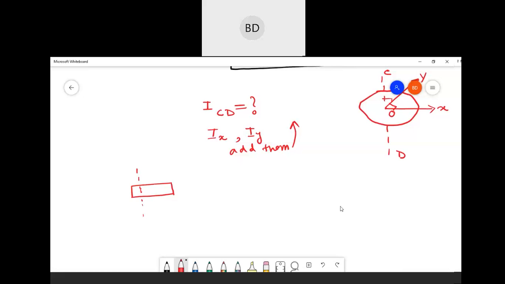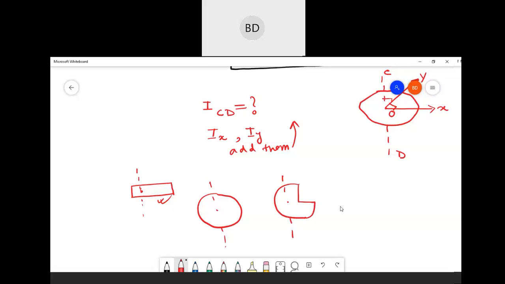Suppose you have to find the moment of inertia of a dish. Suppose you have a geometrical figure like this, where one quarter has been cut out from a full circle. This is the center, but you are not asked to find the moment of inertia about the center, but at a different point.